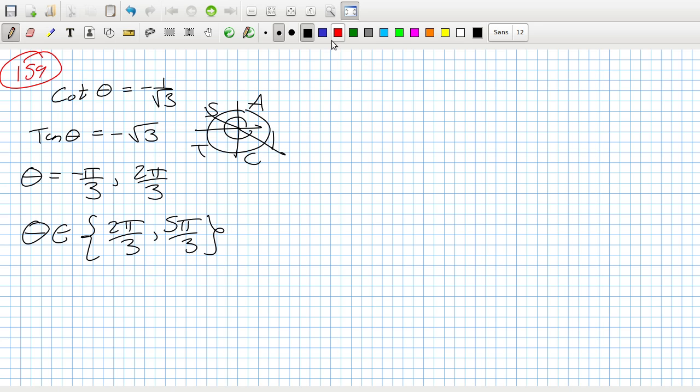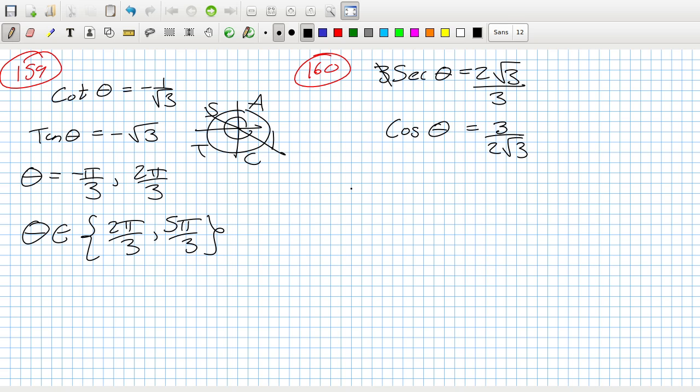Okay, 160. I can get 3 sec theta equals 2 root 3. I'll divide by 3 and reciprocal both sides. So that's cos theta equals 3 over 2 root 3.